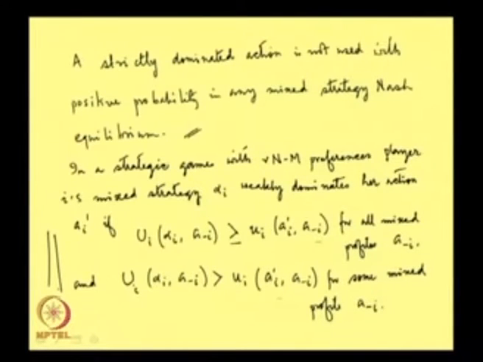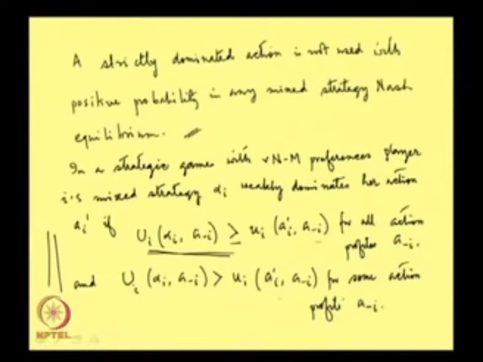In this case we are calling that alpha i is weakly dominating the action a_i dashed if for all action profiles of other players, alpha i should be giving at least as much as what a_i dashed is giving, and for at least one action profile of other players a_-i, alpha i should be giving strictly more payoff than what is given by a_i dashed.